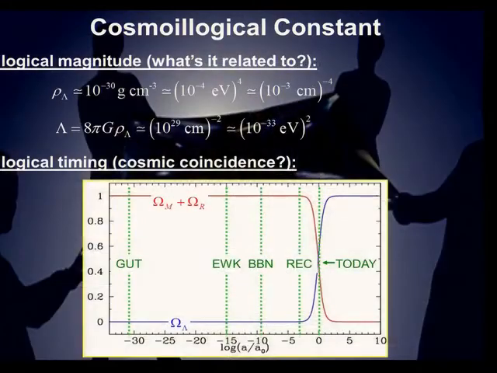There's also illogical timing. This is known as the cosmic coincidence. The early universe was dominated by matter and radiation, and the contribution of the vacuum to the total energy density was certainly very close to zero.